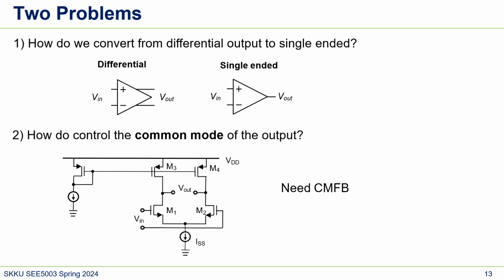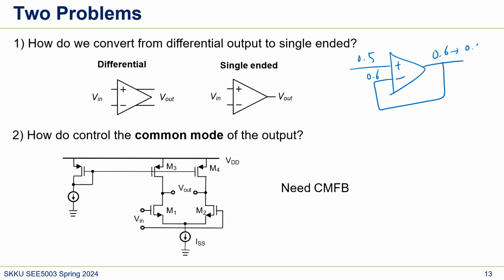For example, what if we need a unity gain buffer? The way it works, let's say we have 0.5 volt, and let's say this is 0.6 volt, just a random initial value. Then since here is 0.6, the output will go down, right?